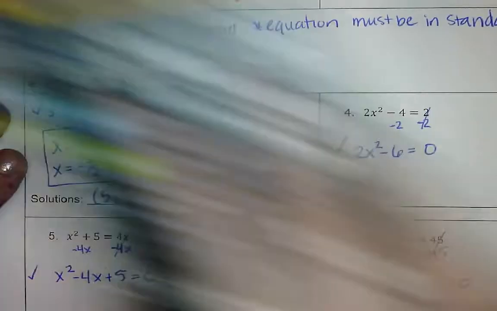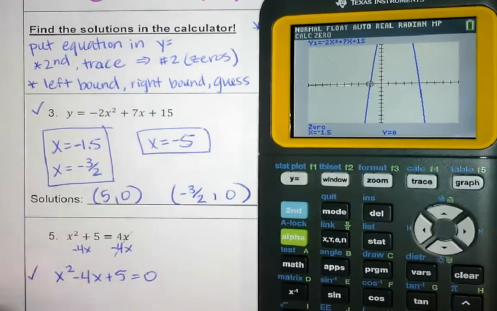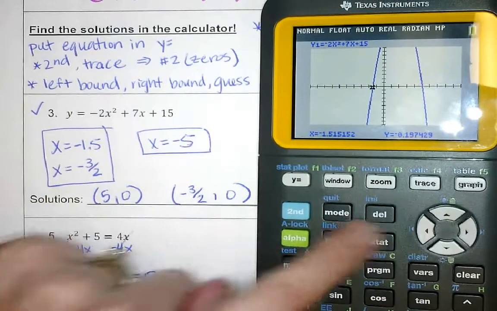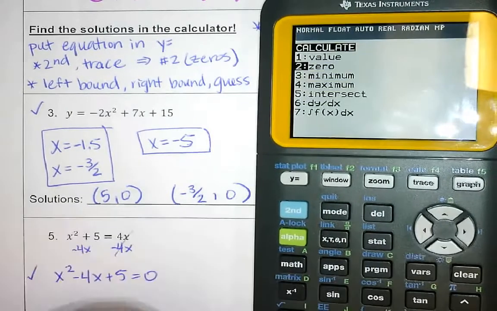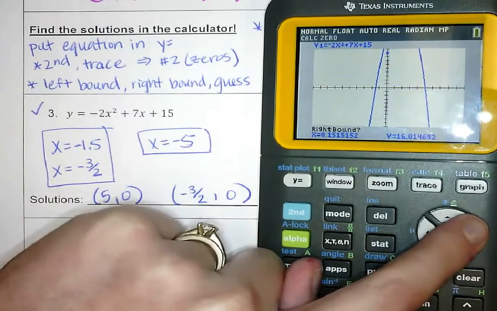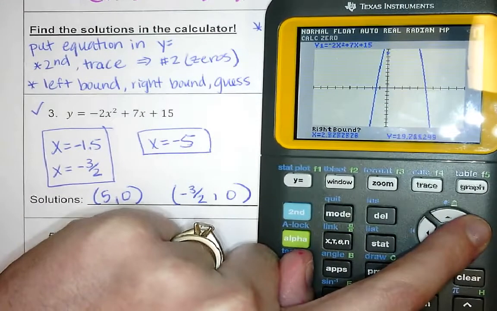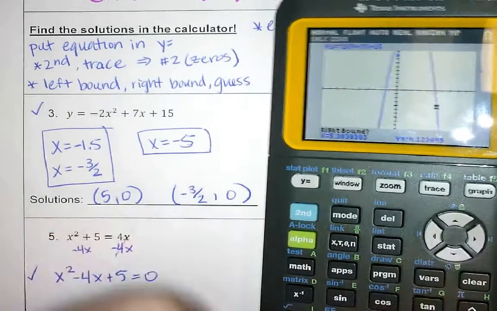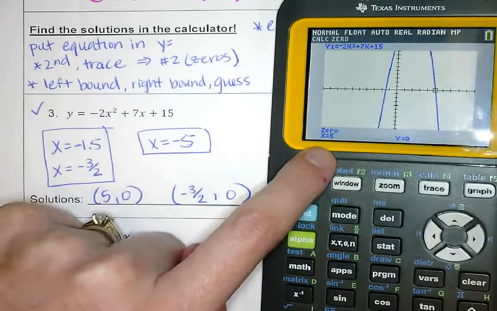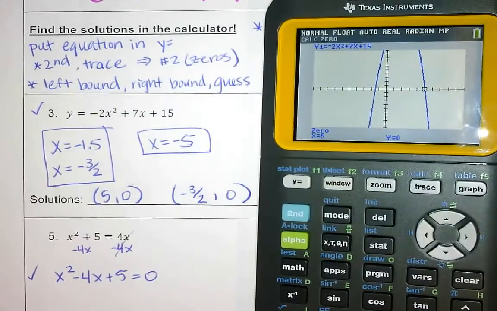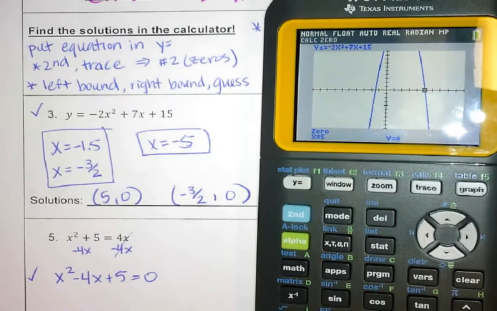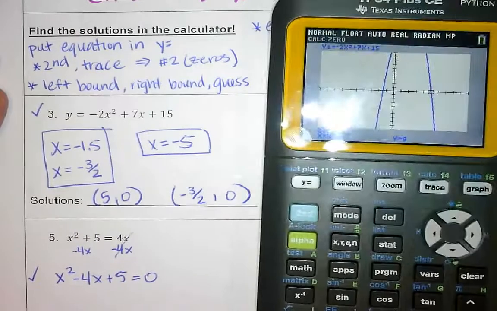But if we went over here, we could go second trace 0. Okay, I'm going to make my left boundary there. My right boundary is way on the other side. And then my guess is 5, 0. So you have to repeat it for the other one.